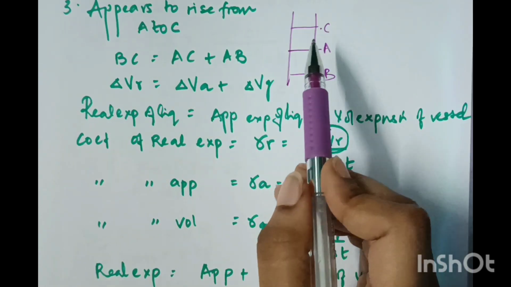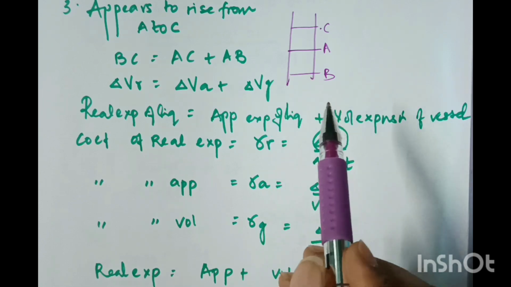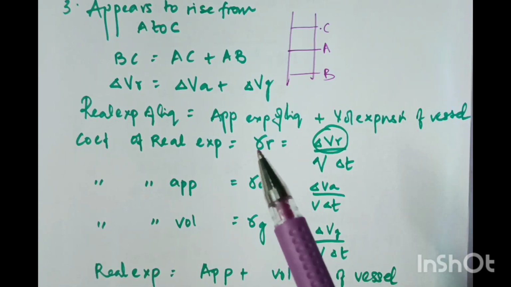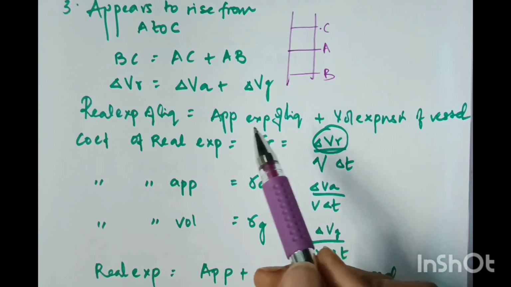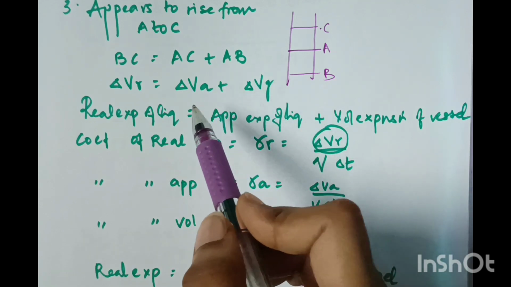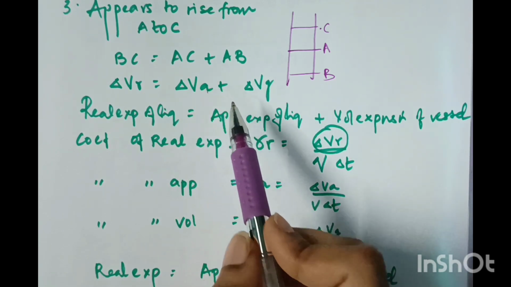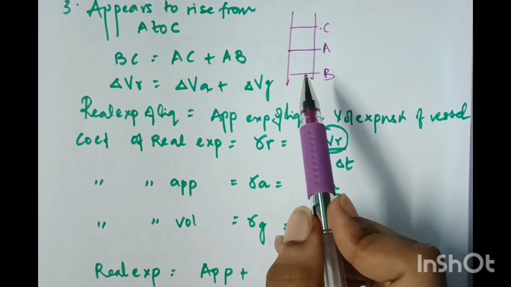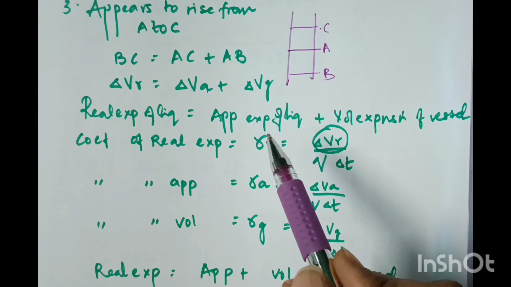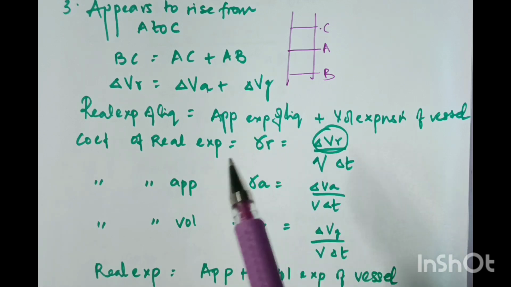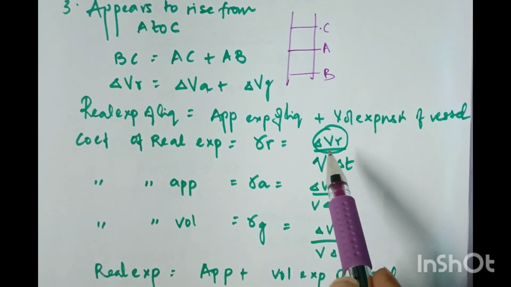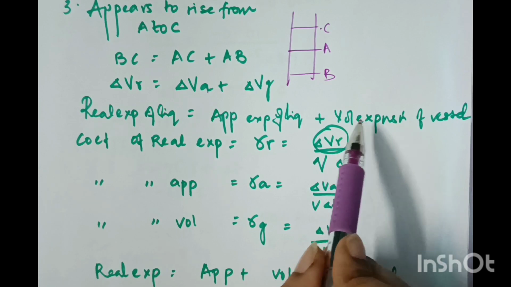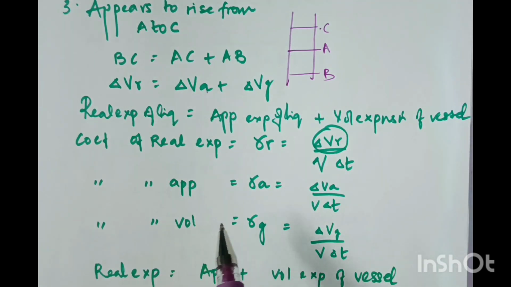From A to C, it is what we are observing. So it is observed that the liquid is rising from level A to level C, so that can be taken as the apparent expansion of the liquid. And what about AB? That is the reason for the fall in the liquid level. That was because of the volumetric expansion of the vessel.